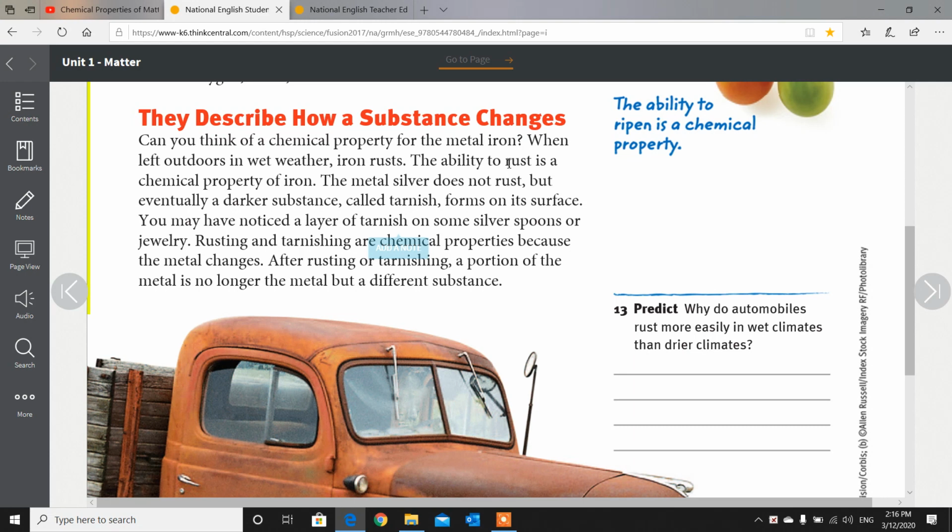Not all substances rust. There are substances that form what we call tarnish. Guys, tarnish is formed on the surface of some substances like silver. Okay, it's a darker substance. It forms on the surface of the substance.